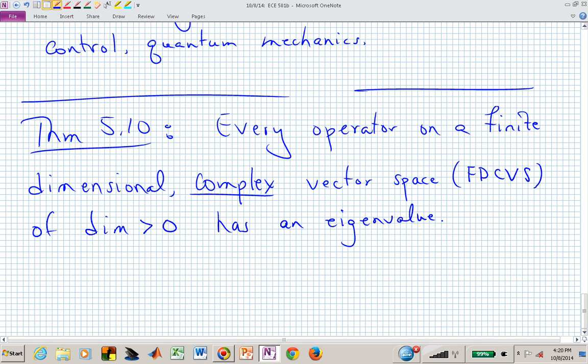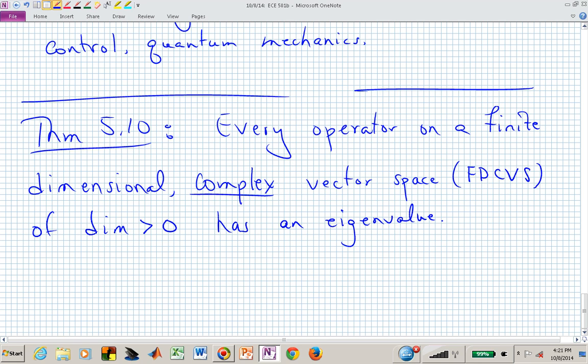If we were not on a complex vector space, we wouldn't necessarily have an eigenvalue for that operator.